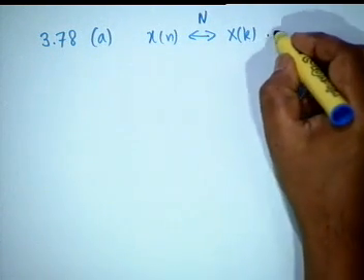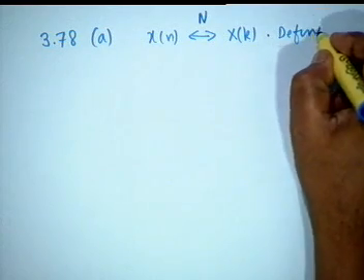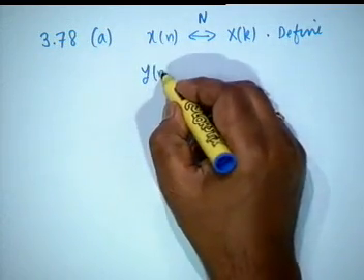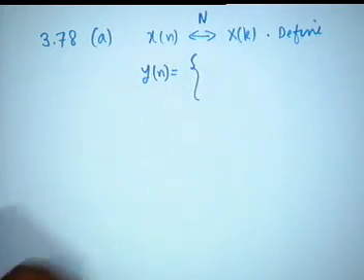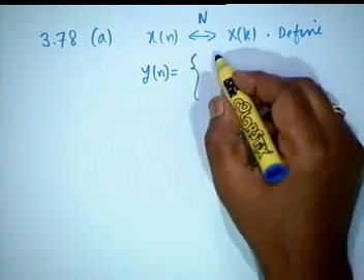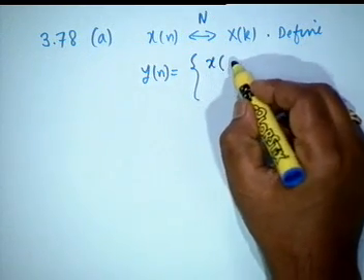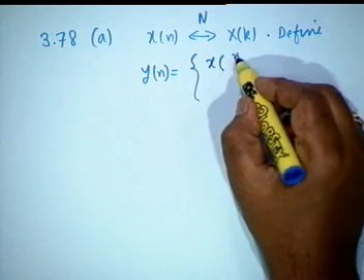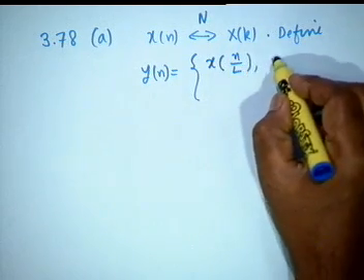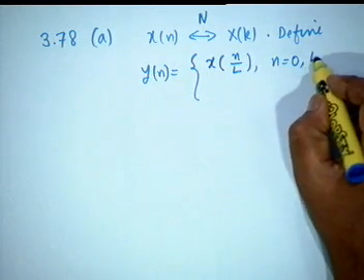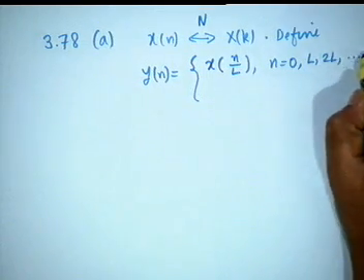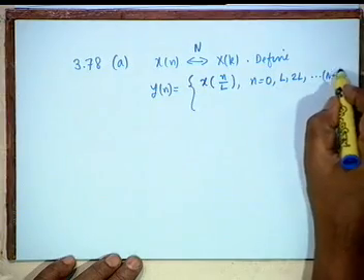Then define a sequence y of n, which is the upsampled version of x of n, that is x of n by L, n equal to 0, L, 2L, up to n minus 1 L.